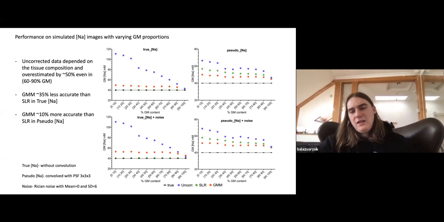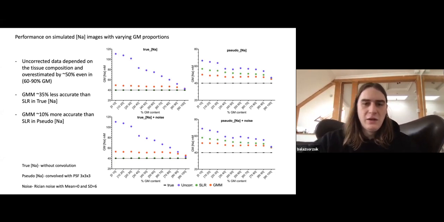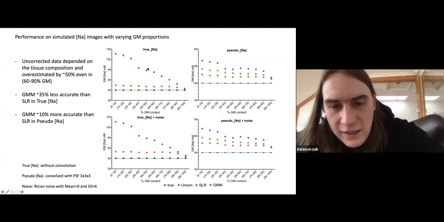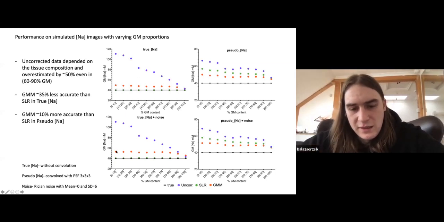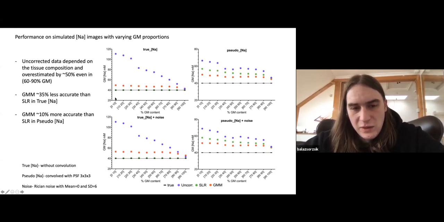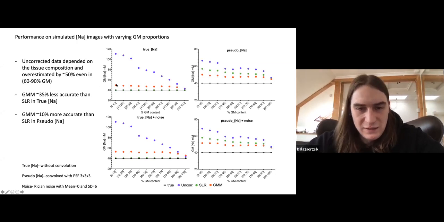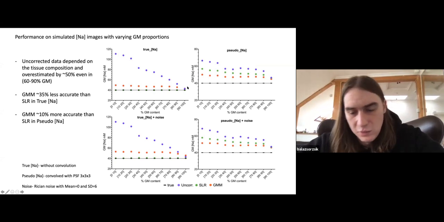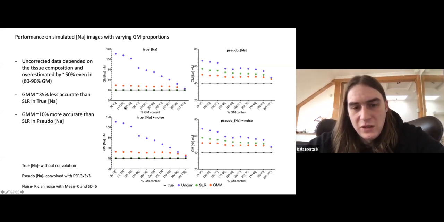One thing that I want to highlight here is that both methods are independent of the mixing of tissues. So they achieve fairly similar values, almost the same values at each different tissue mixing.